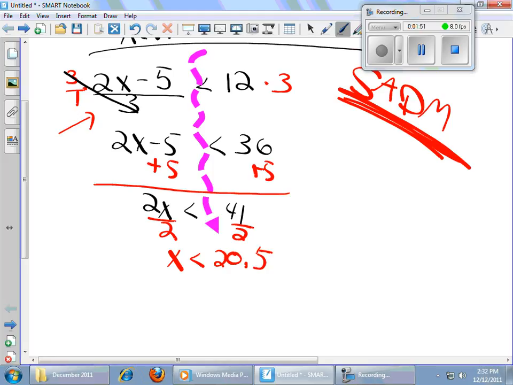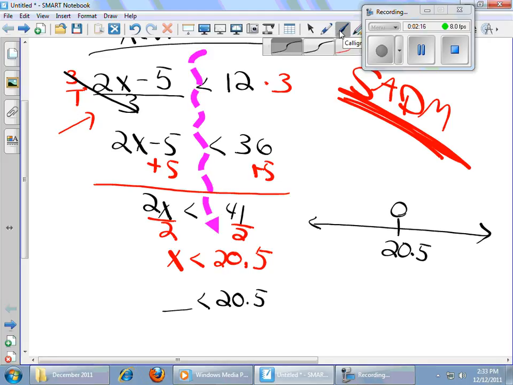Because it's an inequality, I will graph my solution on a number line. 20.5, it's an open circle. Now, some of you make a mistake here. You can't remember which way to shade. Well, I'm going to write a blank, a less than, and 20.5. Go ahead and fill in a value for x that makes this true.